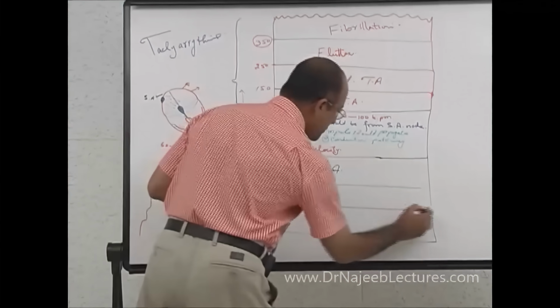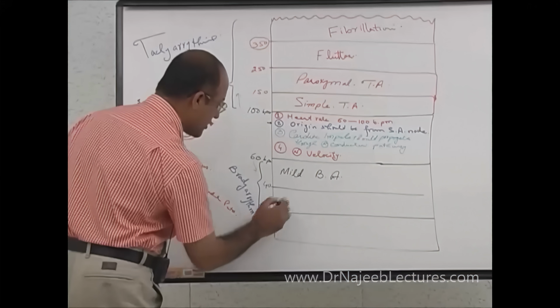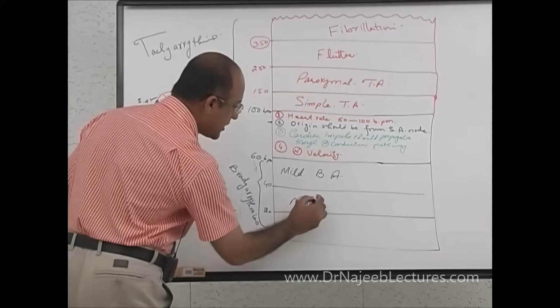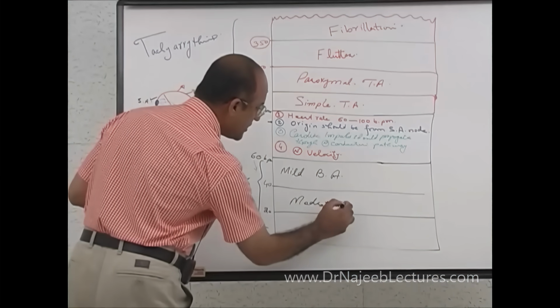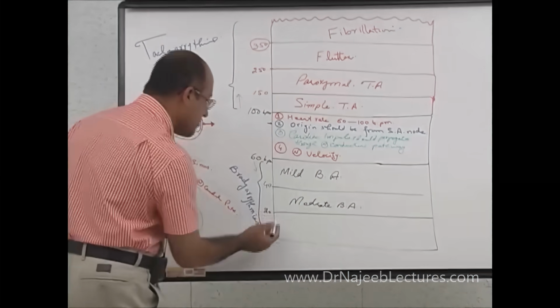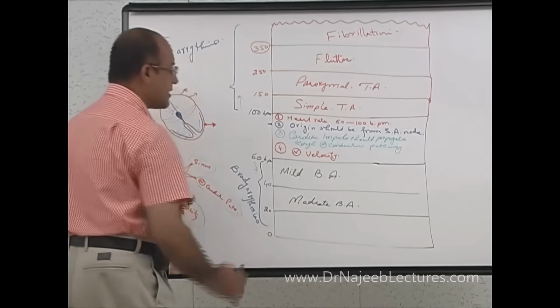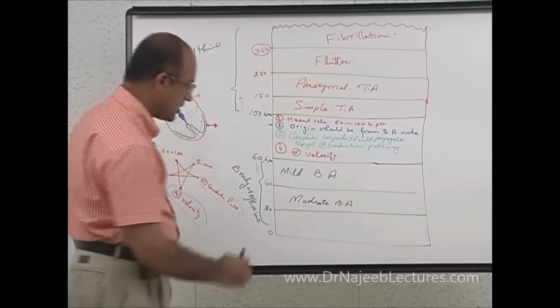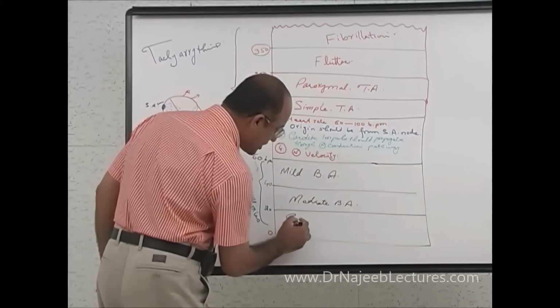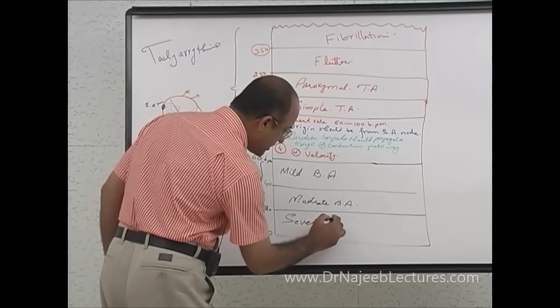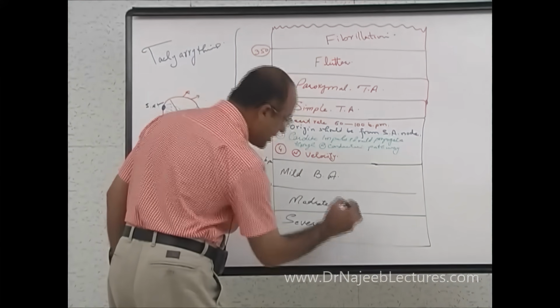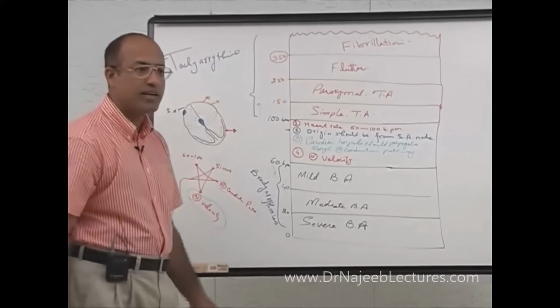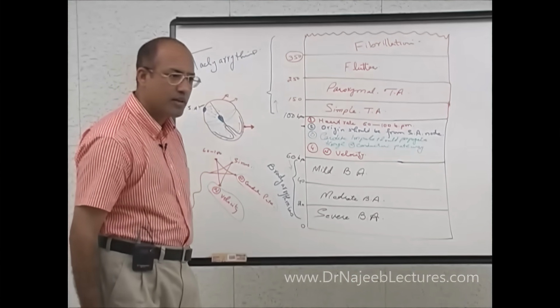And if it is between 20 and 40, we call it moderate bradyarrhythmias. And if some very unfortunate person is having a heart rate less than 20, of course this must be considered as severe bradyarrhythmia.